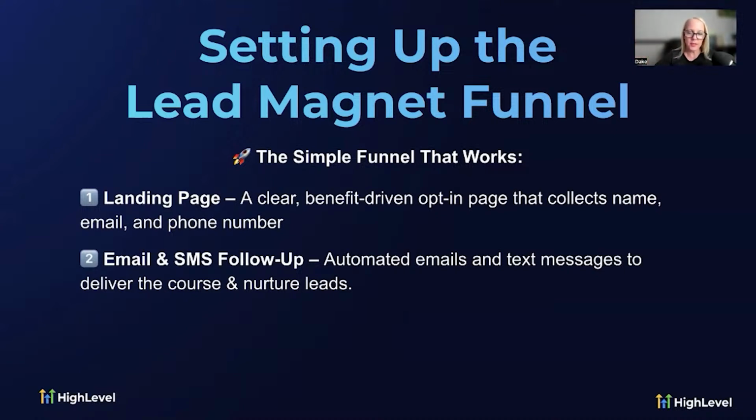You're going to be able to send them emails and text message follow-ups that will actually give them access to the training, the course. And then you can also use that flow to nurture them, check on their progress, make sure that they're doing all of the things, and then get them to hopefully book a call with you or sign up for your service if you don't take calls for that.